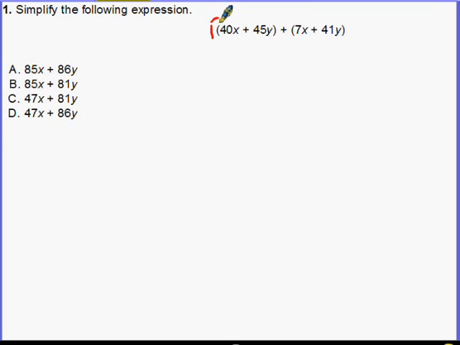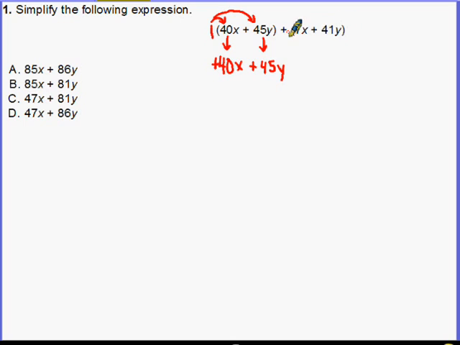So if you take positive 1 and multiply it times 40x, you're going to get a positive 40x. Alright? And then if you take positive 1 and you multiply it times positive 45y, you're going to get a positive 45y.